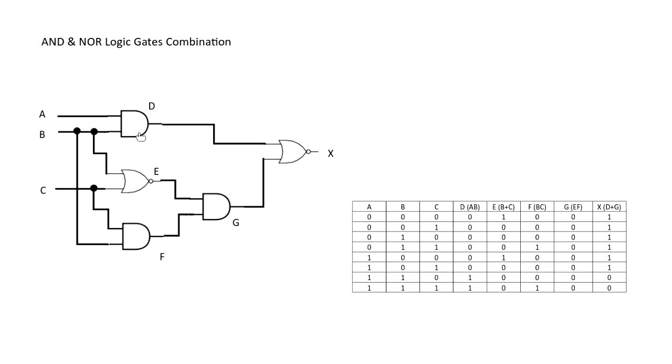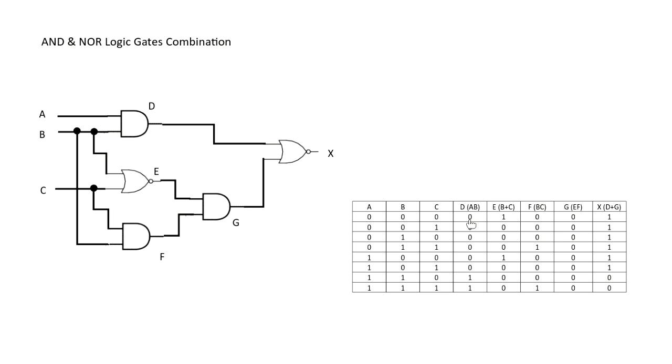First we have to fill the column for D. D is actually A multiply B. So you can see here the D output is the multiplication between A and B. Just look at the first row, A and B. If both are 0, the output D will be 0.